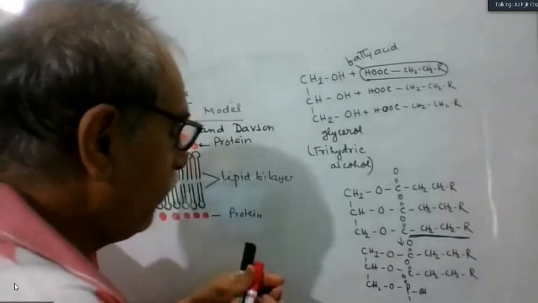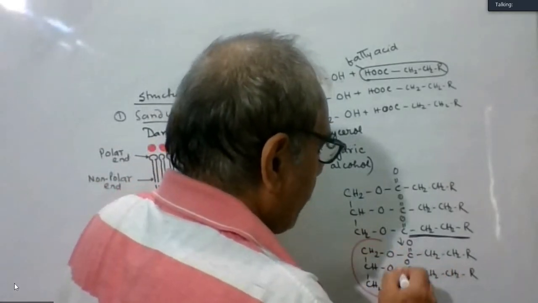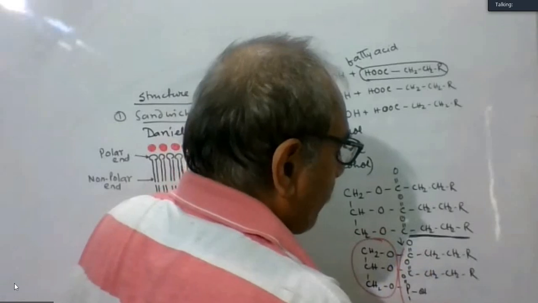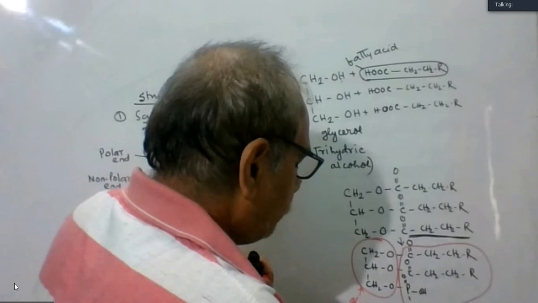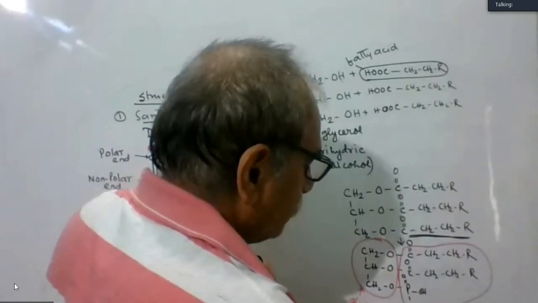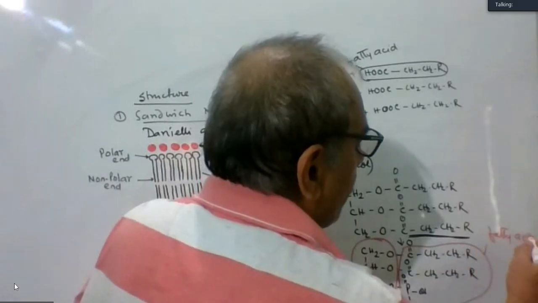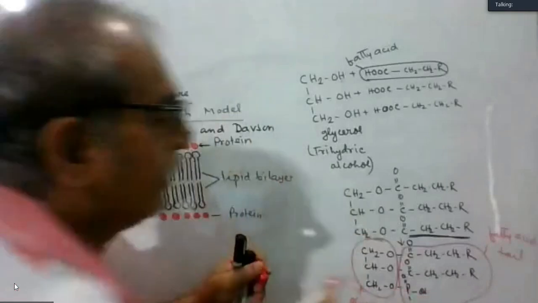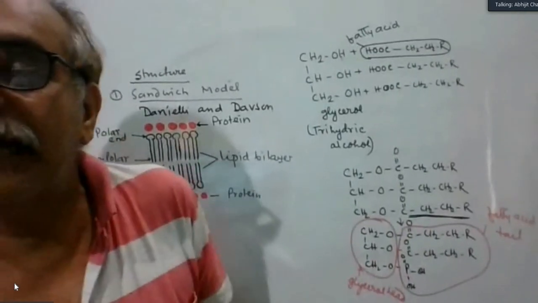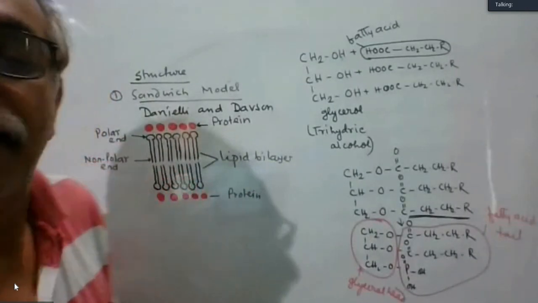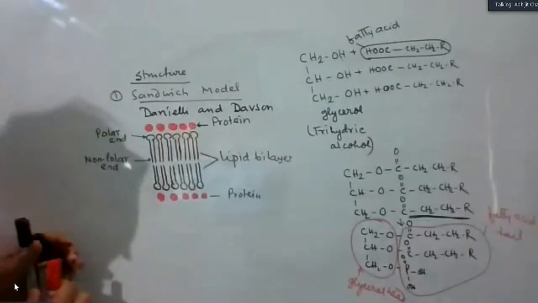So now, look, this is the glycerol head and this is the fatty acid tail. One is glycerol head, the other is fatty acid tail. So the glycerol head is here and it is hydrophilic.